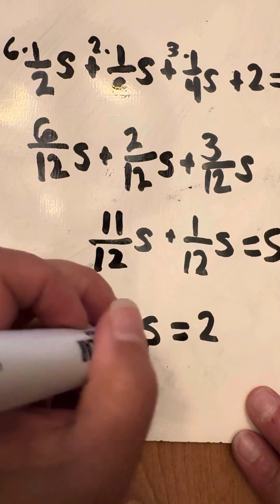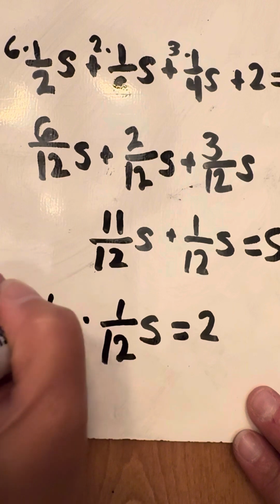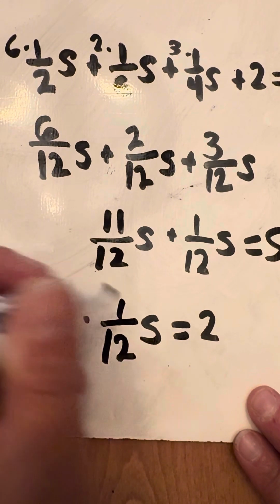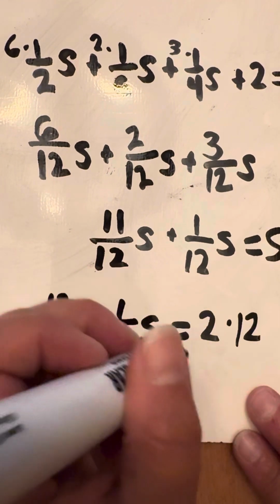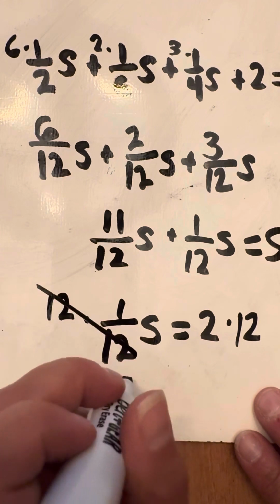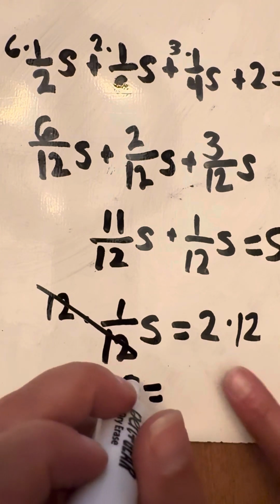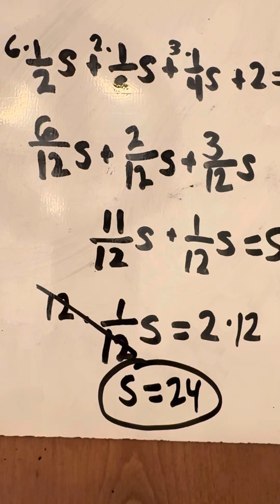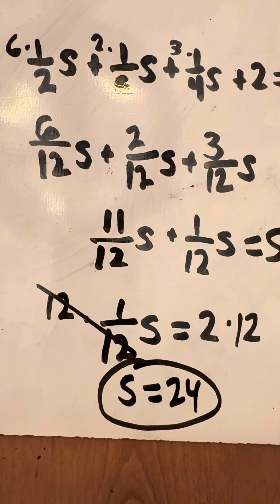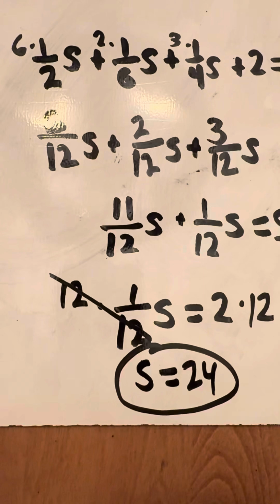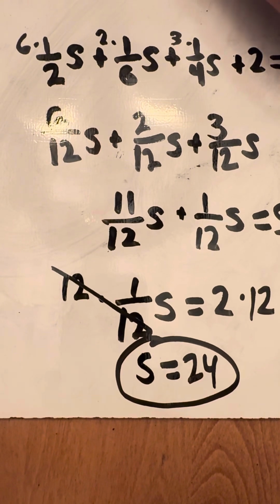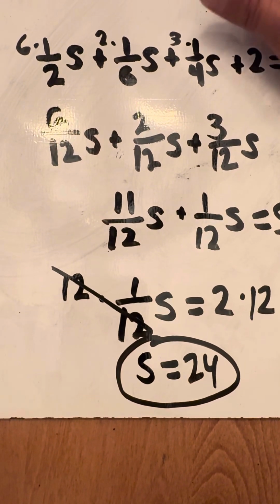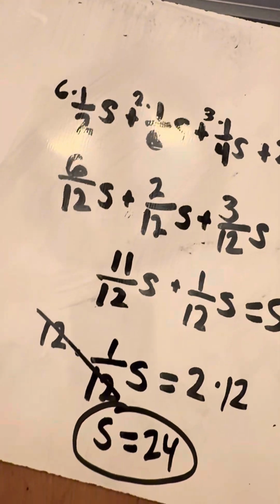In order for me to get the s by itself, we need to multiply it by its reciprocal, which would be times 12. We do times 12 over here. Those are going to cancel, leaving me with s is equal to 2 times 12, or 24 students. Now, obviously, that's just one way you can do that, but we can certainly back solve if you felt more comfortable with that. But that is just one way that you're able to solve this question.